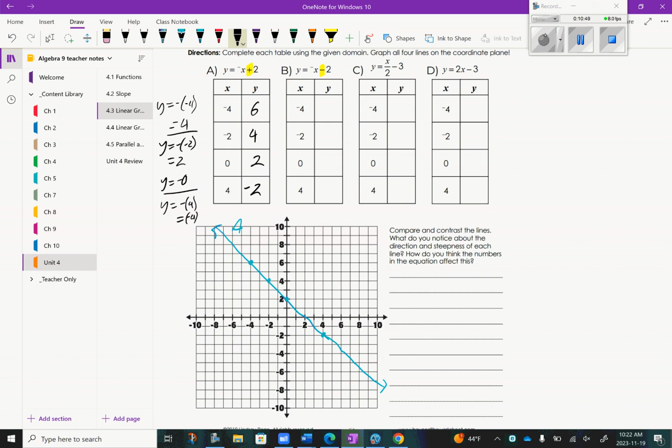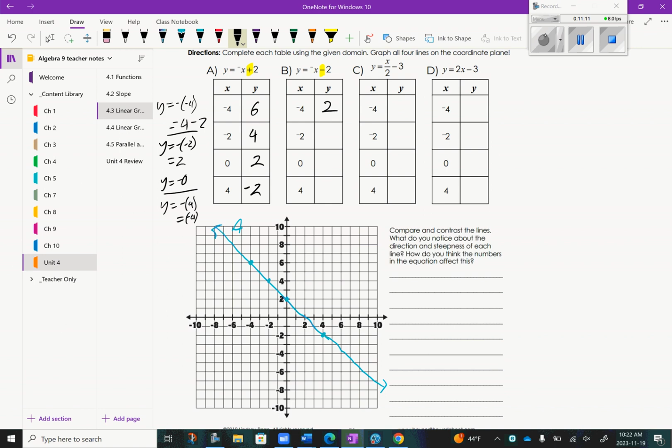I'm substituting negative 4, negative 2, 0, and positive 4. The negative of negative 4 is positive 4. 4 minus 2 is 2. So I'm going to plot the point negative 4, positive 2.